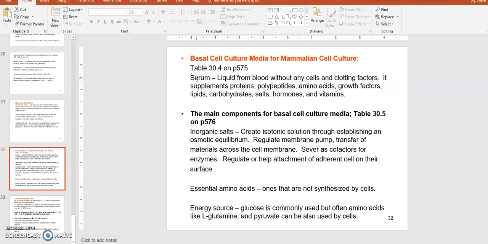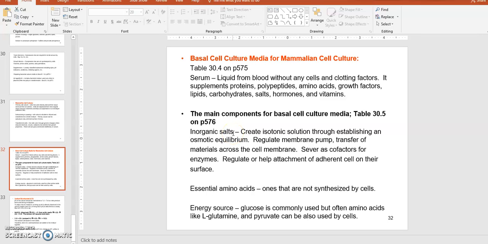Okay, this has a bunch of necessary proteins, polypeptides, amino acids, growth factors, and all those good things like lipids, carbohydrates, salt, hormones, and vitamins. So you can grow cells on serum, without the blood cells. One rich medium is called serum. Another important component in the cell culture medium is inorganic salts.